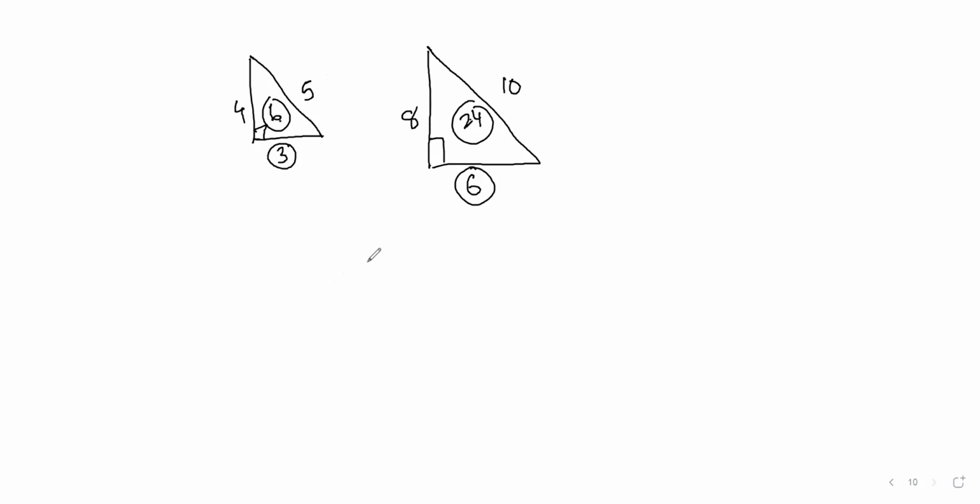Got it? So 3 by 6 is equal to 4 by 8 is equal to 5 by 10. And because it's 3, 4, 5 and 6, 8, 10, it indirectly tells you that the interior angles are the same.